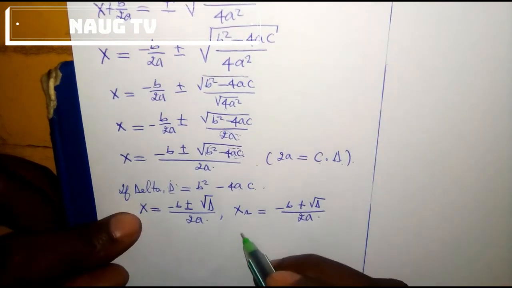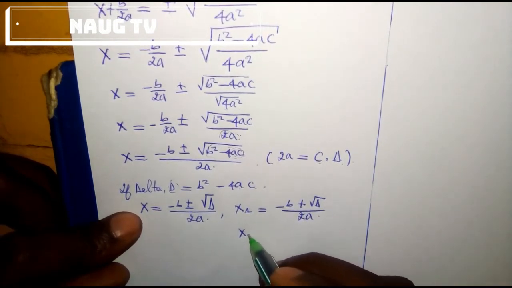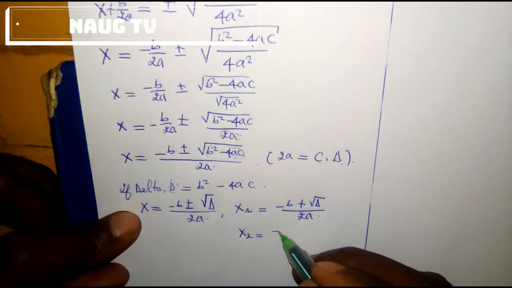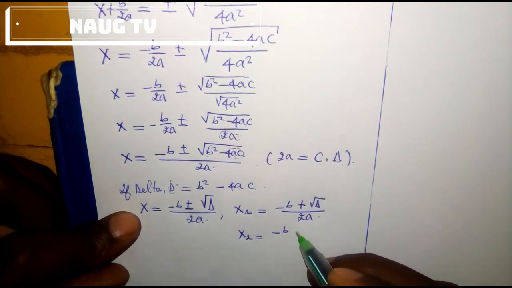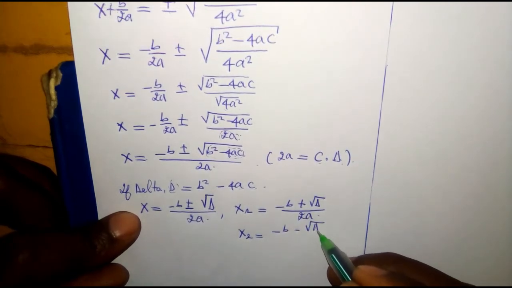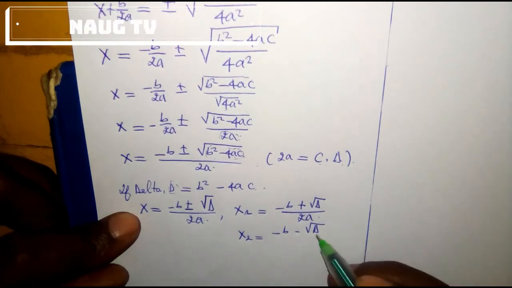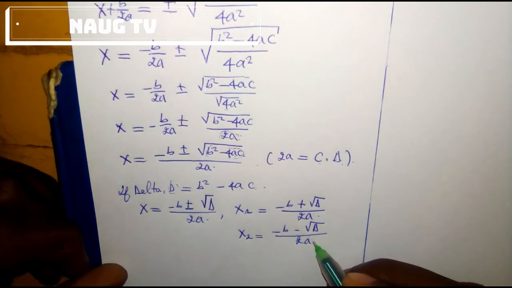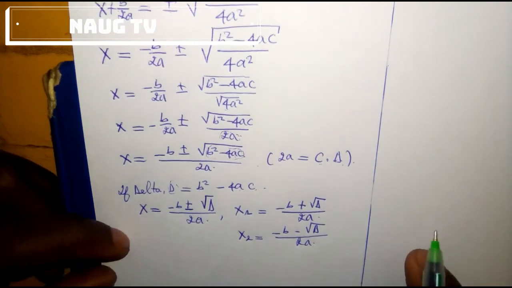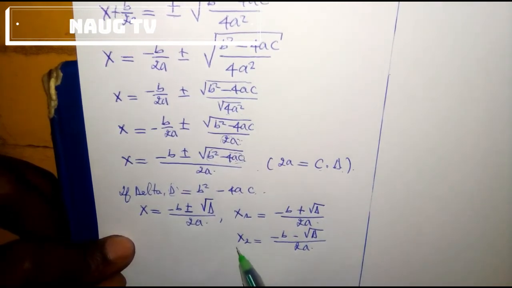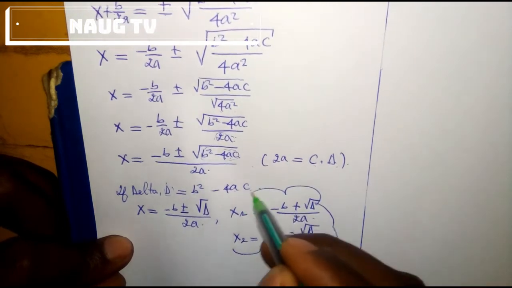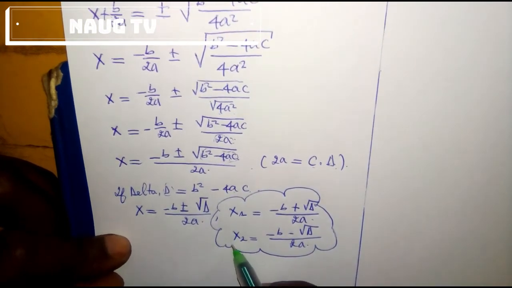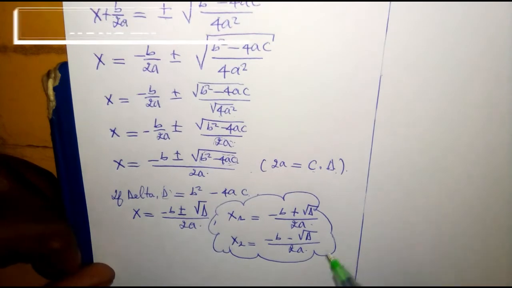And x2 would be negative b negative square root of delta over 2a. Then at this point the value of x is to be obtained.